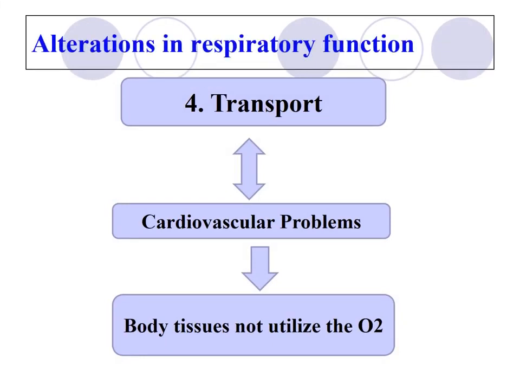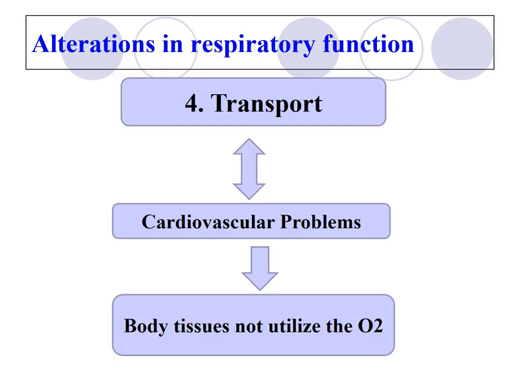Alteration in respiratory function also includes alteration of transport of oxygen. You know that when there is exchange of gases, the oxygen goes to the capillary blood supply in the lung around the alveoli, and goes into the bloodstream to the heart.